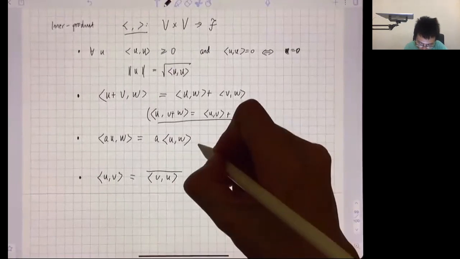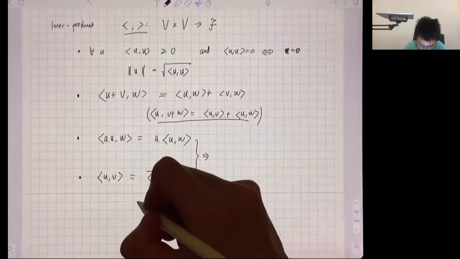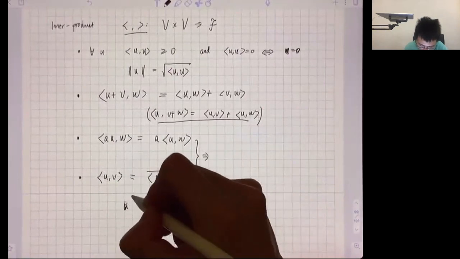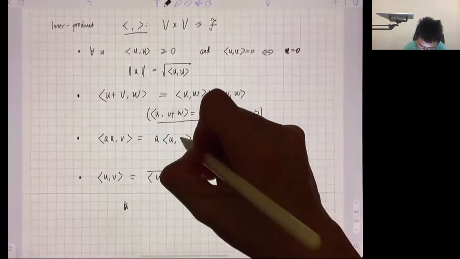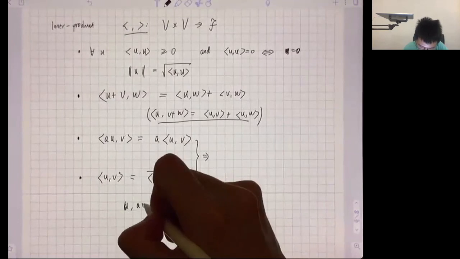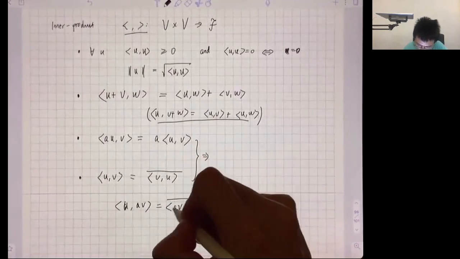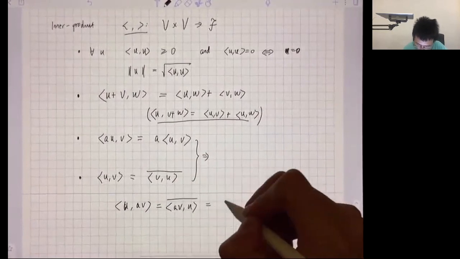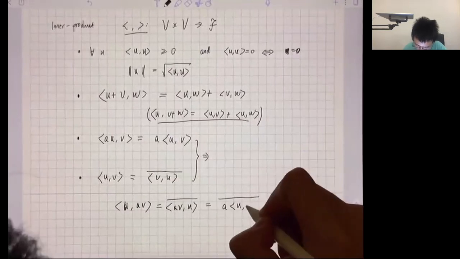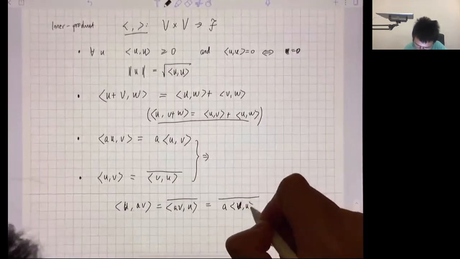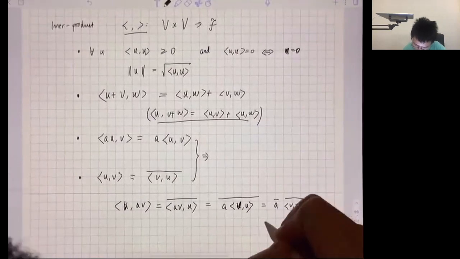And by these two properties, you can define for the second slot, suppose you have u and v. Then suppose I have the inner product of u with av, which is the complex conjugate of the inner product of av with u, which is the complex conjugate of a times the inner product of v with u.